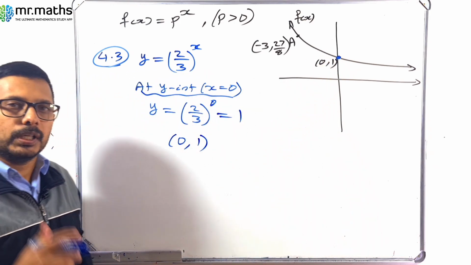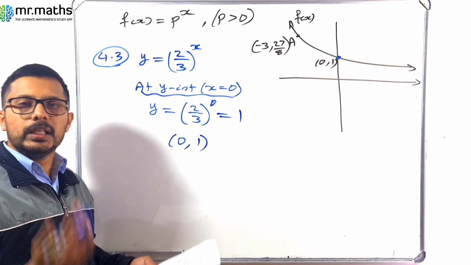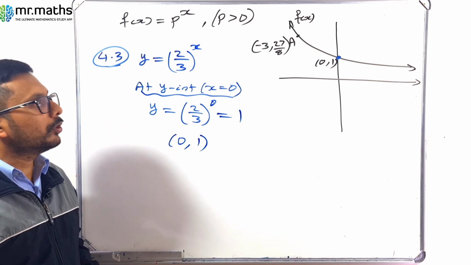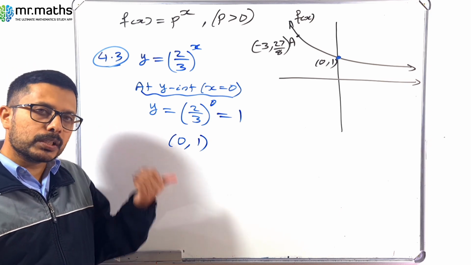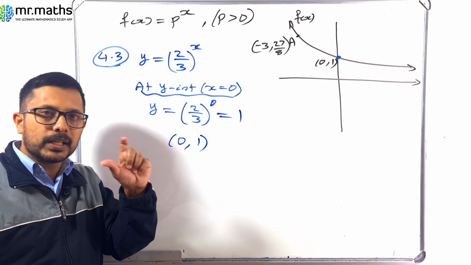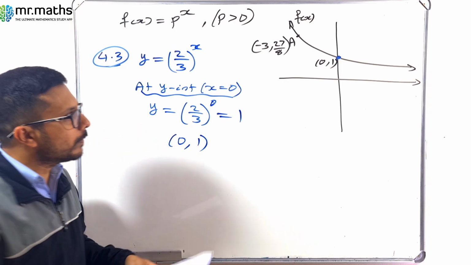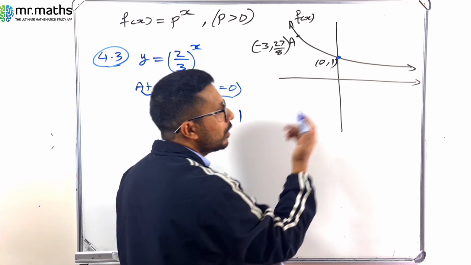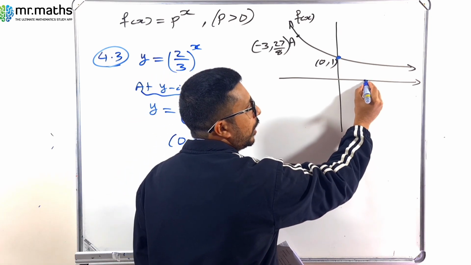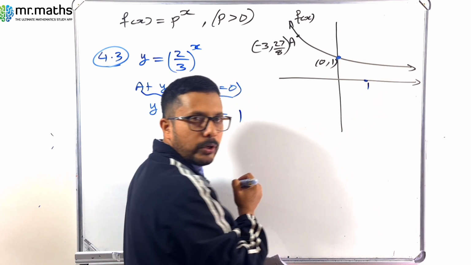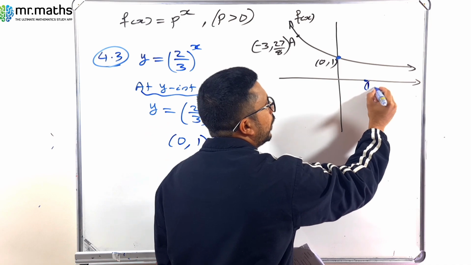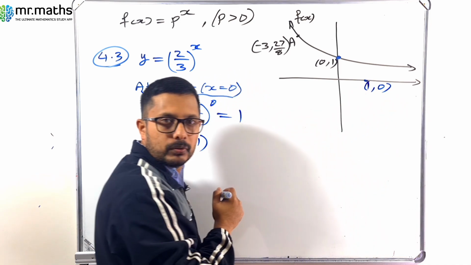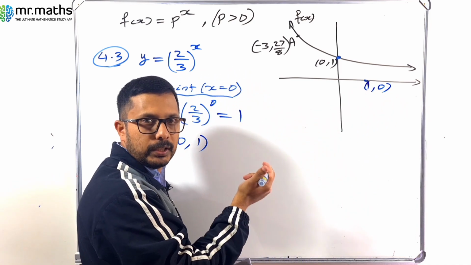Okay, now the question is to draw the inverse of that one. To draw the inverse, how can you find it? You have to swap x and y values. Here it is (0, 1), so in the inverse graph it is (1, 0). X is 1, y is 0. You swap x and y to find the inverse.